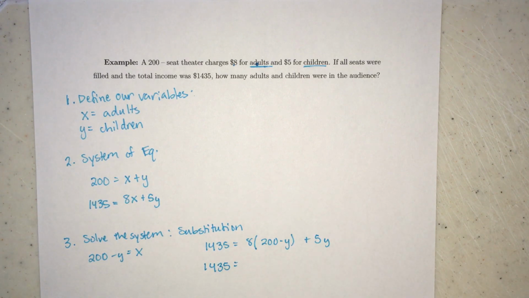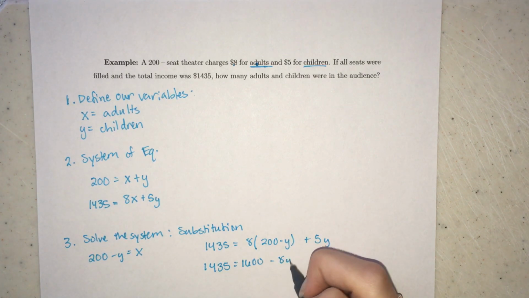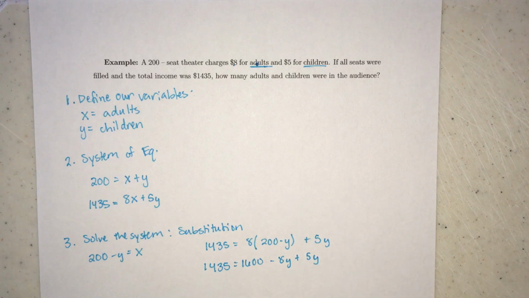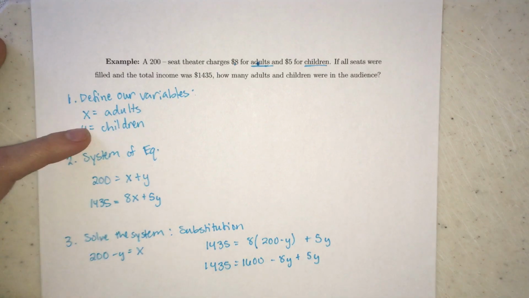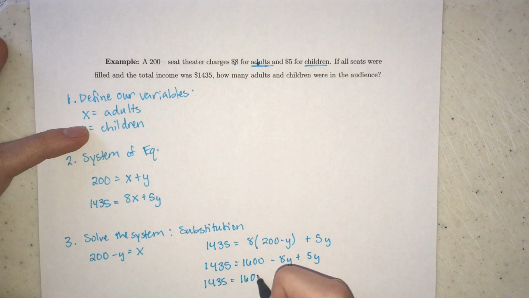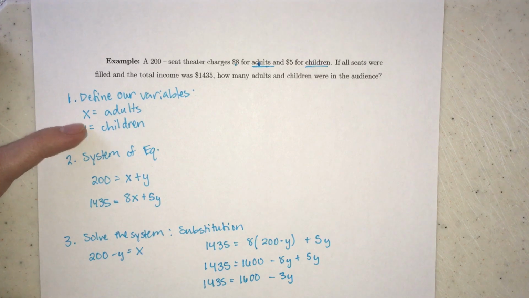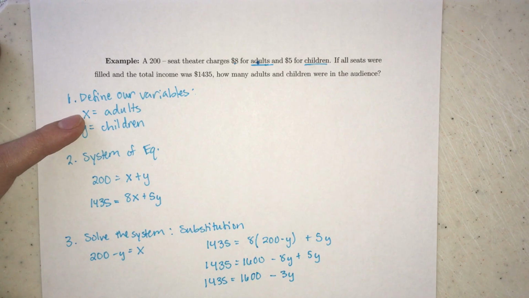If I distribute my 8, I have 1600 minus 8y plus 5y. So I have 1435 equal to 1600 minus 3y. So I'm going to add my 3y over.